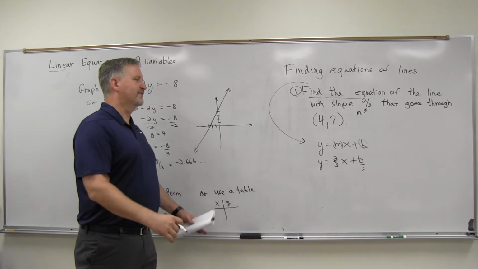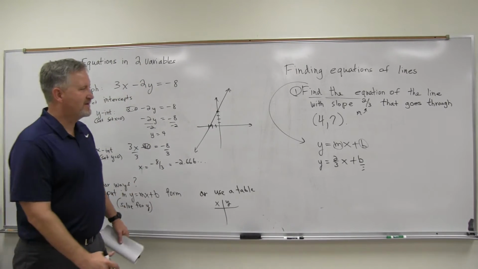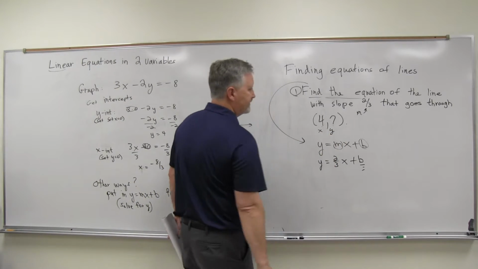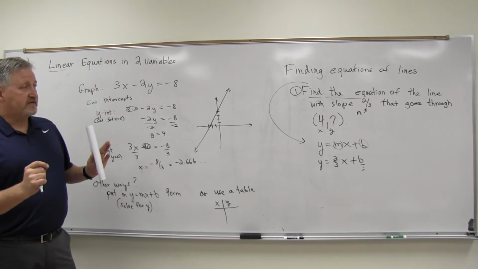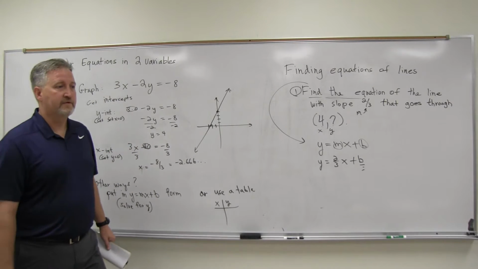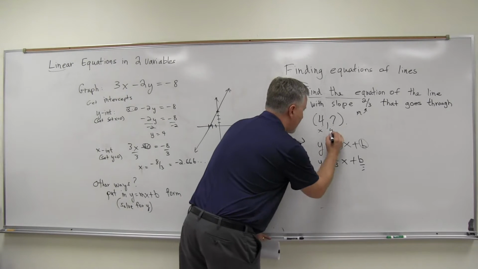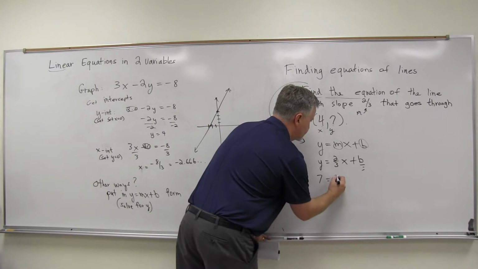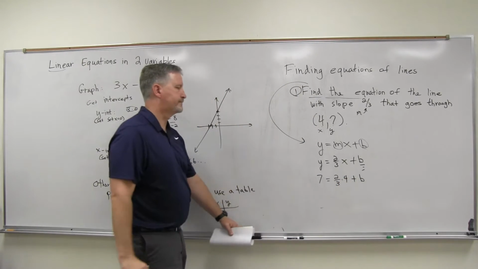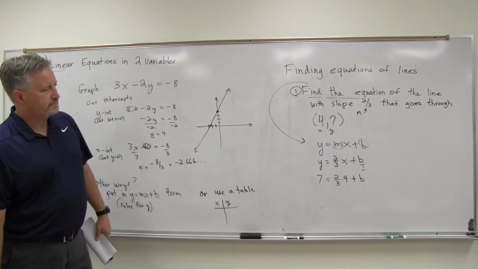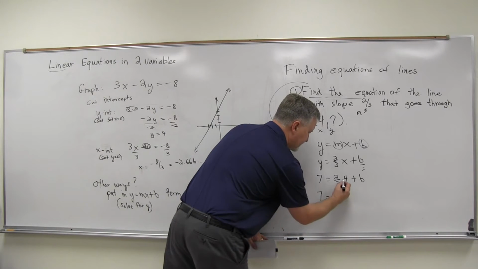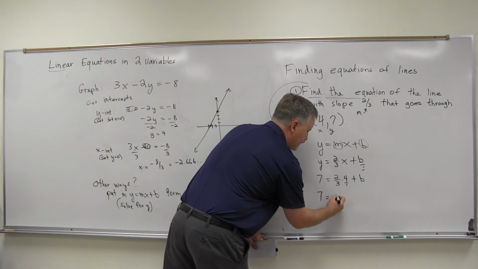The good news about finding b here is I just so happen to have an x comma y. So to find the b, I can just plug in that x and y respectively. Y is 7 and x is 4. That allows me to find my value for b. 4 over 1 times 2/3, so that's 8/3.